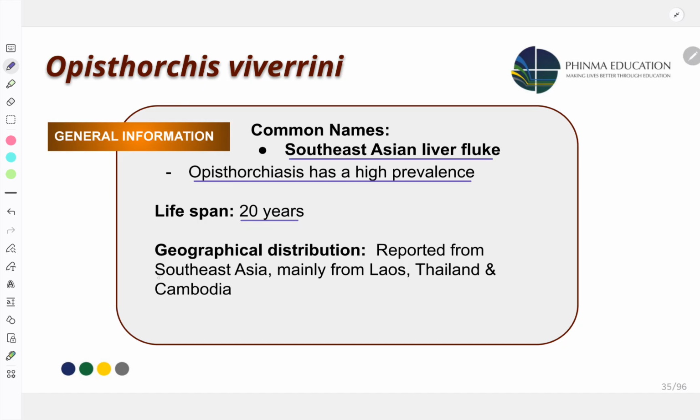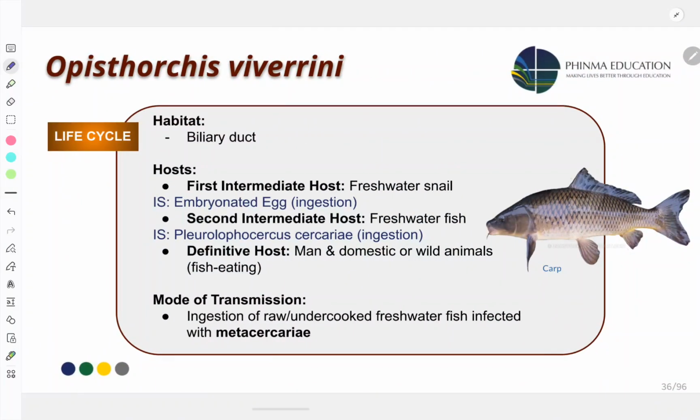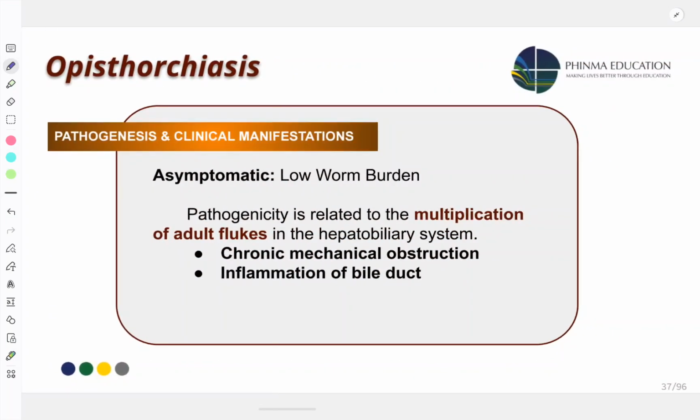It is more common in Southeast Asia compared to Clonorchis, in Laos, Thailand, and Cambodia. It has the same life cycle as Clonorchis, okay?